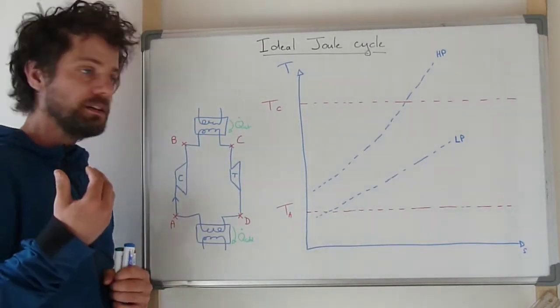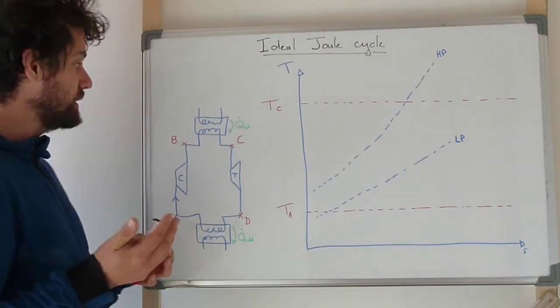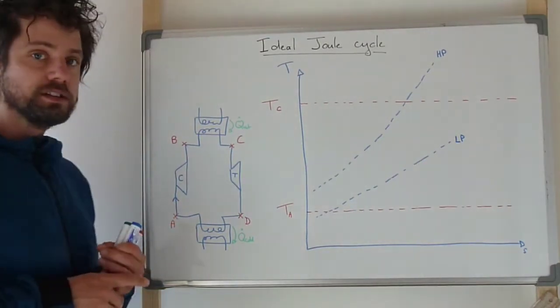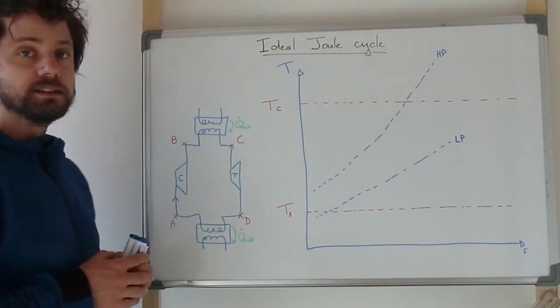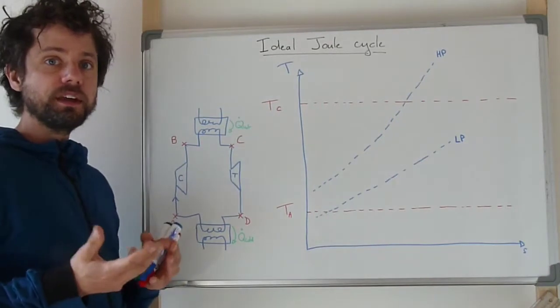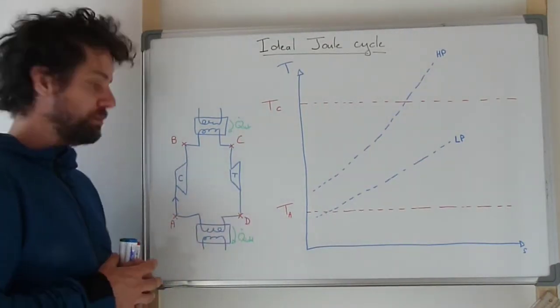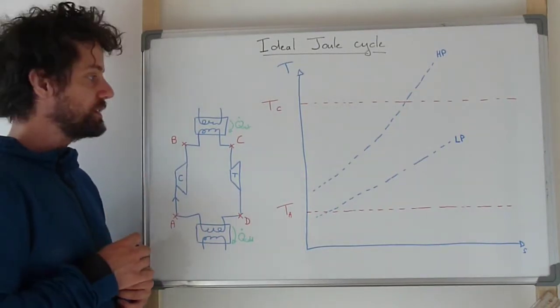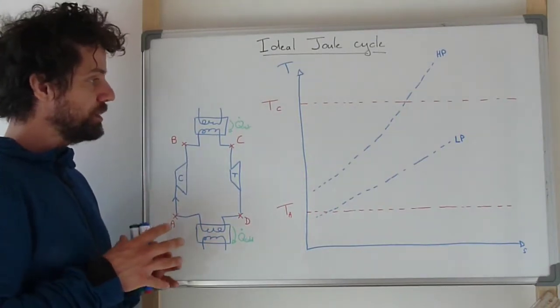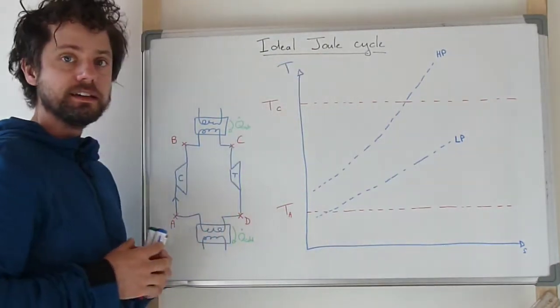So if we consider that there are no pressure losses in the heat exchanger, and that's usually the basic assumption, we can consider that B and C are both at the high pressure of the cycle, and D and A are both at the low pressure of the cycle. So we will first consider what we call an ideal Joule cycle.